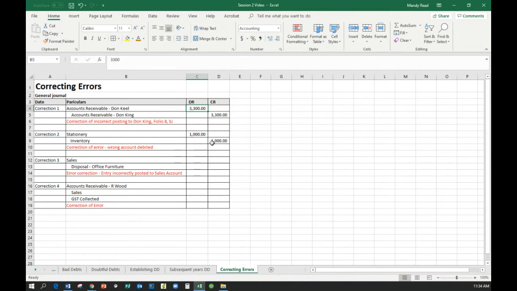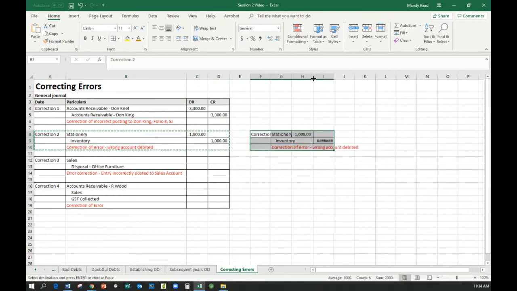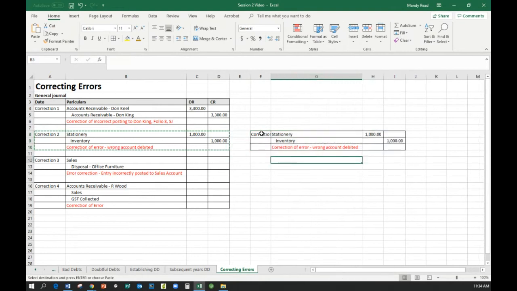When we originally entered the transaction in error, the transaction would have looked like this. We would have put into inventory $1,000. We would have recorded GST paid as $100.